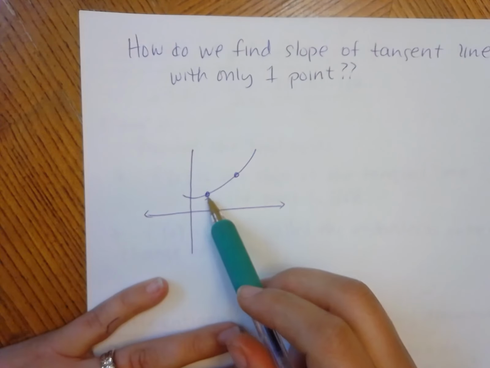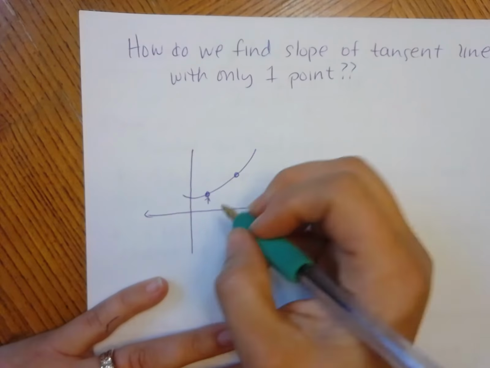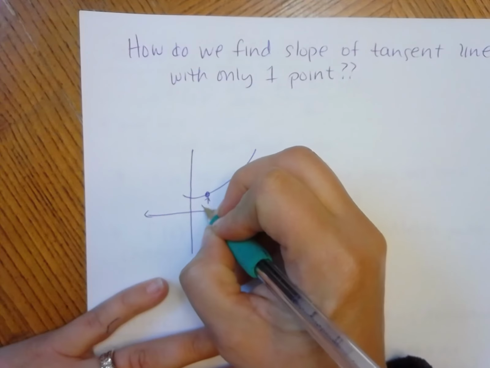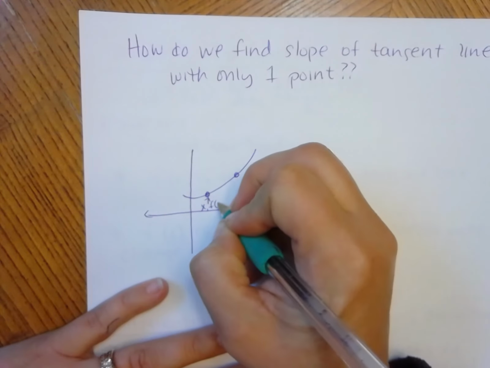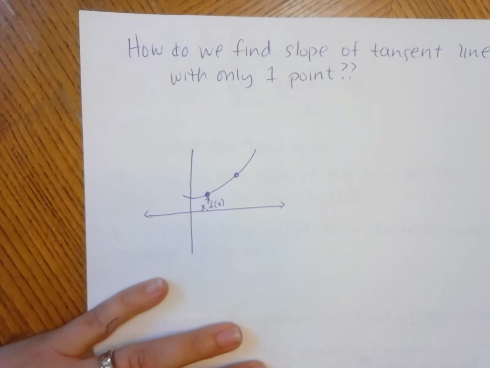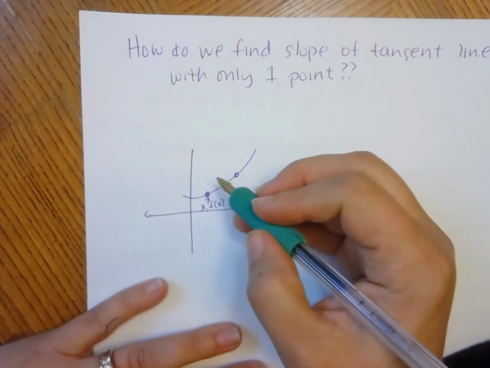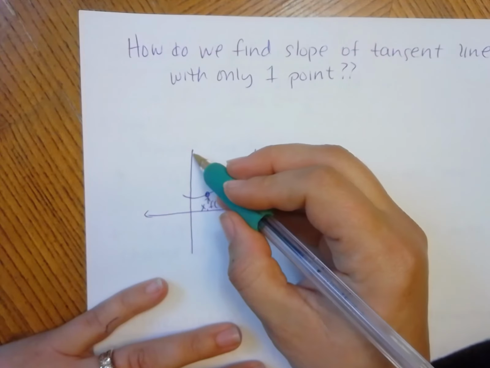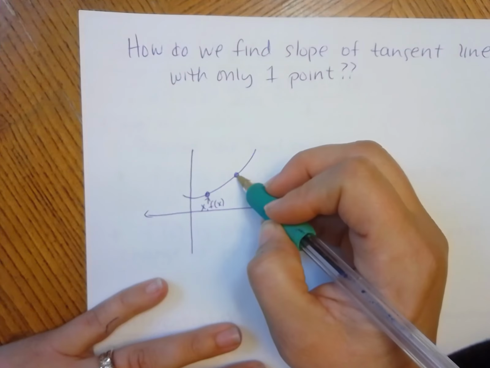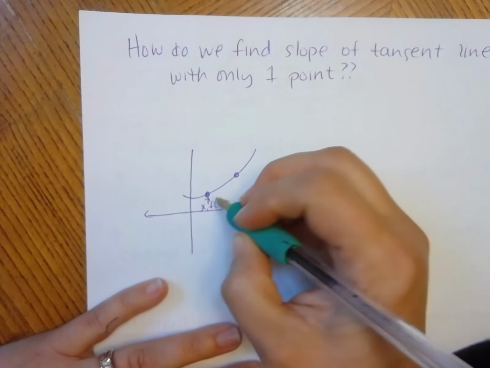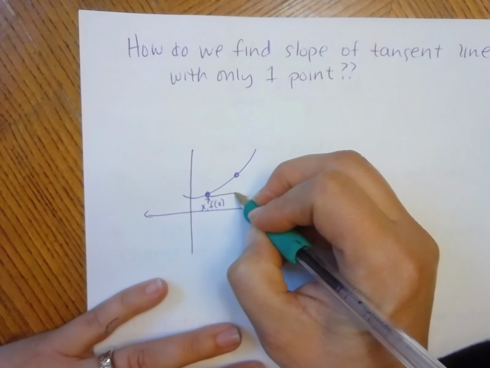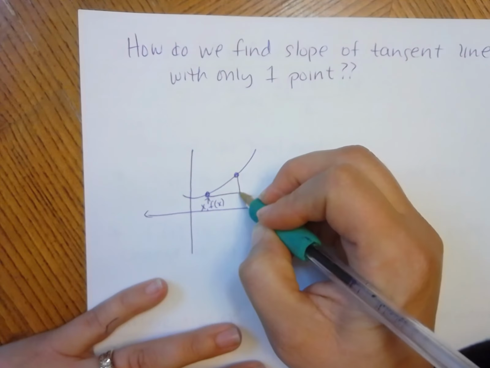I'm going to call this x, and the y coordinate that goes with it is just f of x, because I just plug x into f. I'm going to put this other point, which is already here, to the right of x.